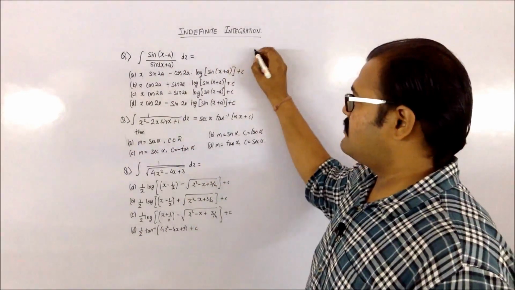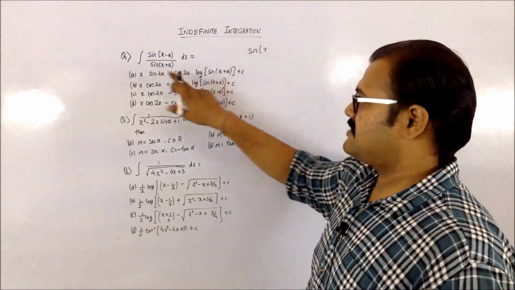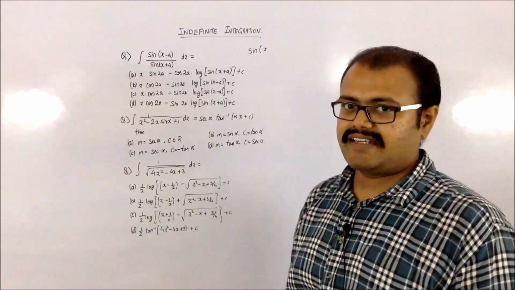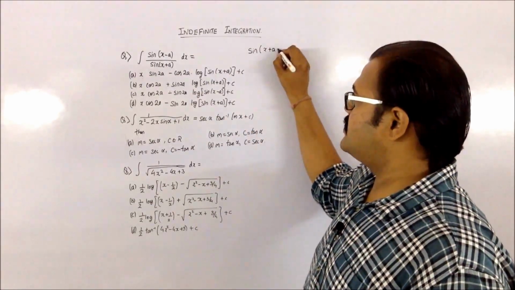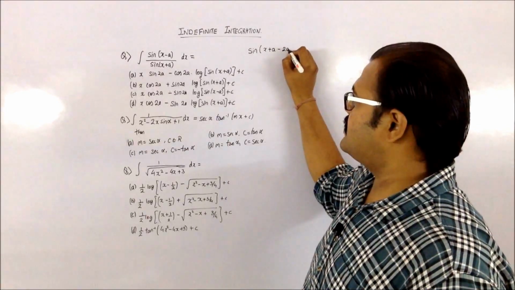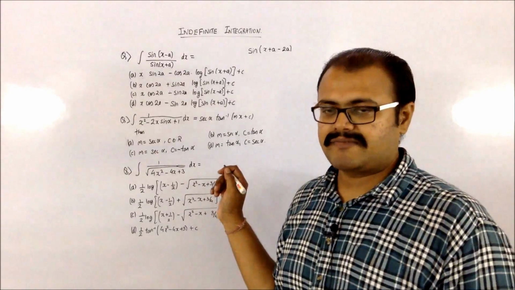So what you can have is a sine of, you require the x which is present over here, but you require a plus a. So if you are adding a plus a, you require a subtraction by 2a.